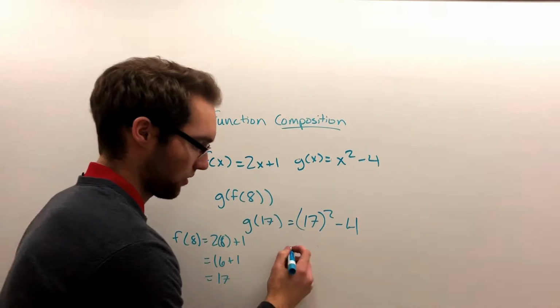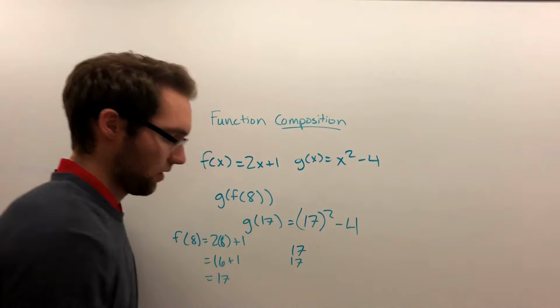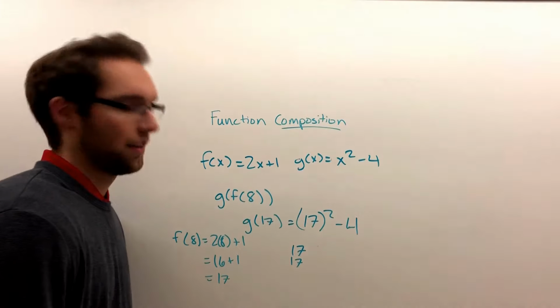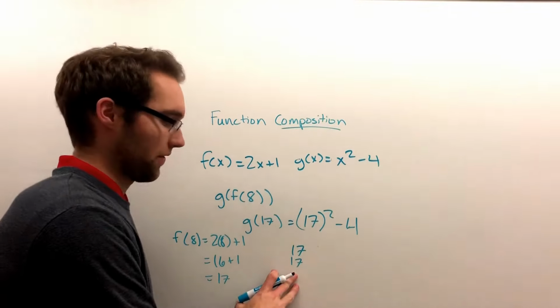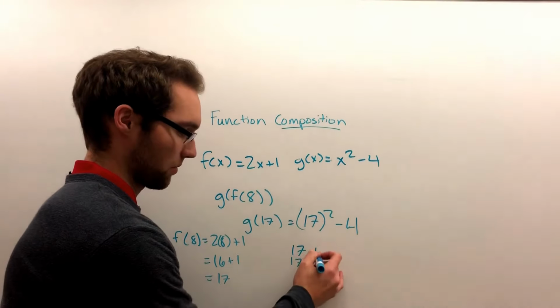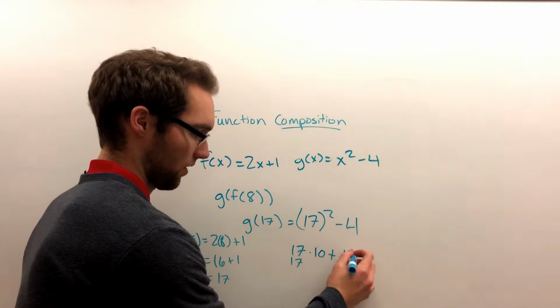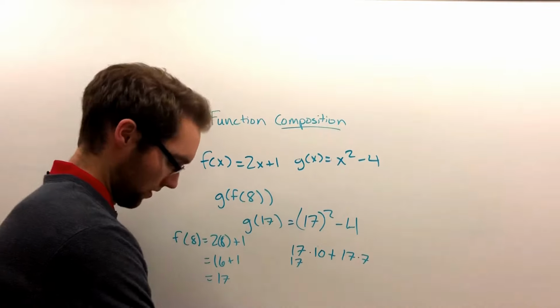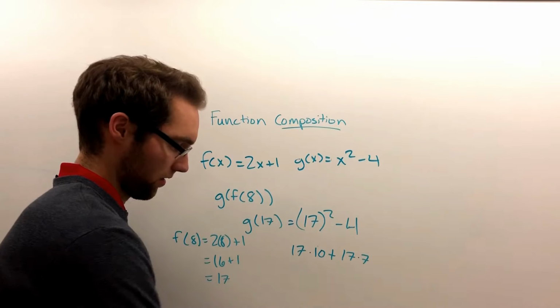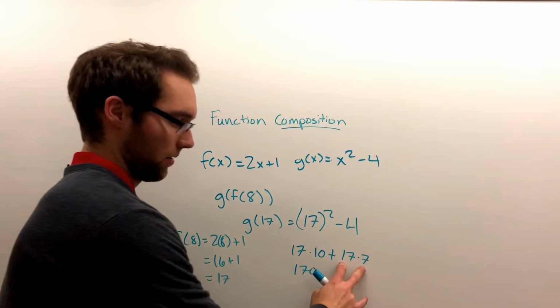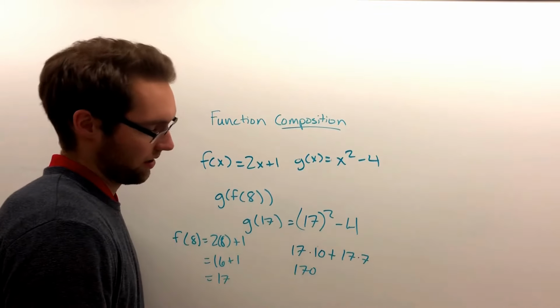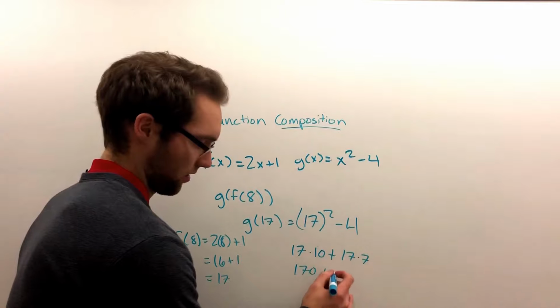Actually, I'll show you guys how I would do it in my head. We're getting a little off track, but the way that I would do 17 times 17 in my head is 17 times 10 plus 17 times 7, okay? So 17 times 10 is 170. 17 times 7 is 119.